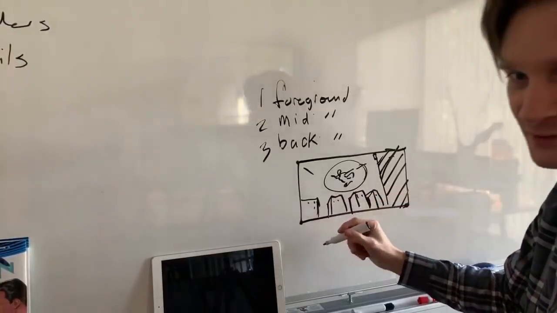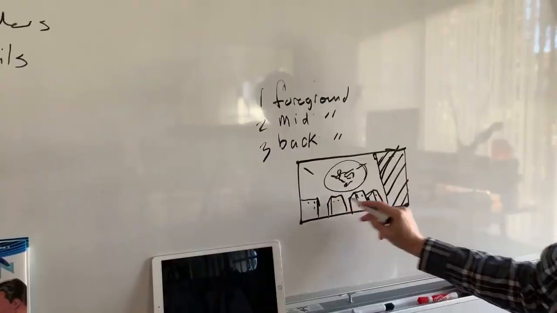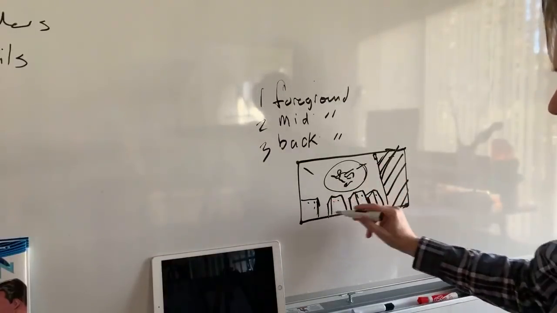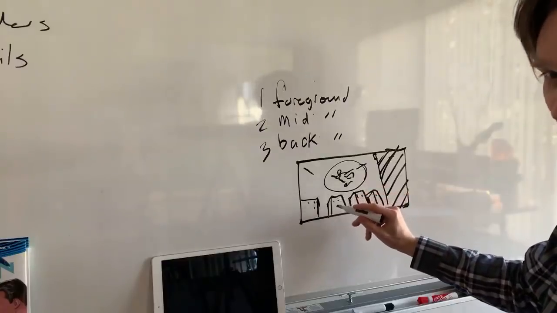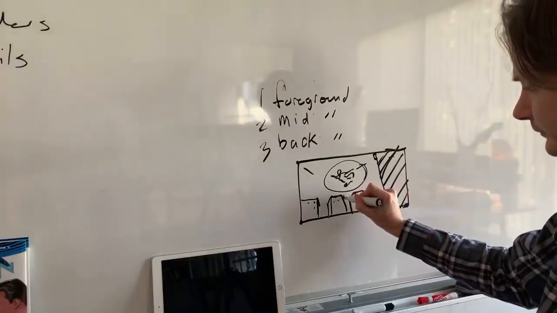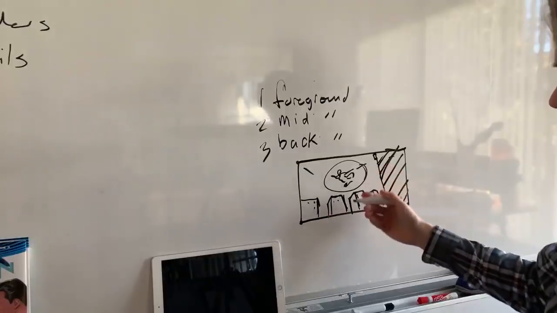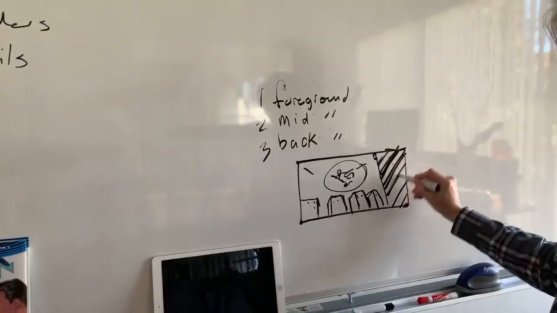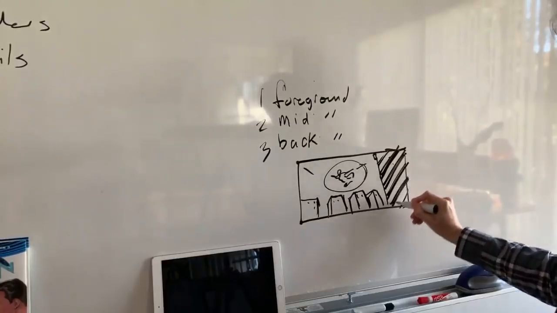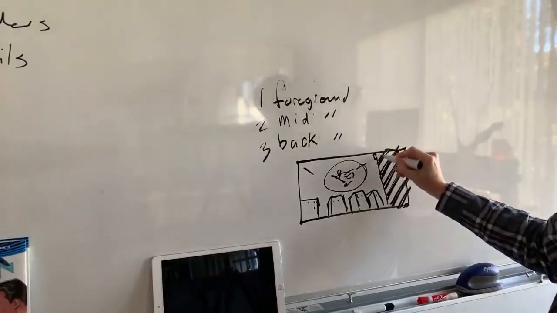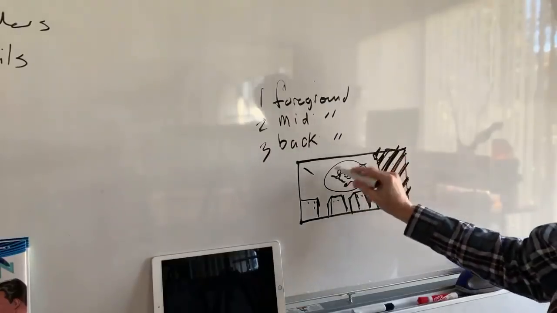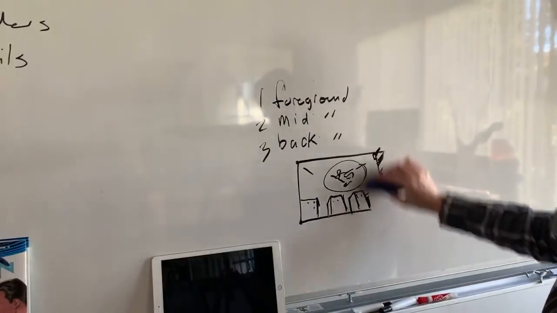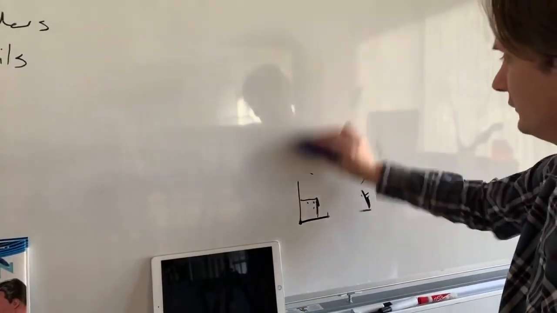Obviously the line weight's incorrect here, but you can convince someone that this is more of a background. These objects recede. Use a thinner pen or a lighter brush stroke, thinner line weights, and those will recede. Thicker line weights here, more blacks, and then medium line weights here in the middle, and you should be able to sell that pretty well. I hope that helps. That's just a brief thing.